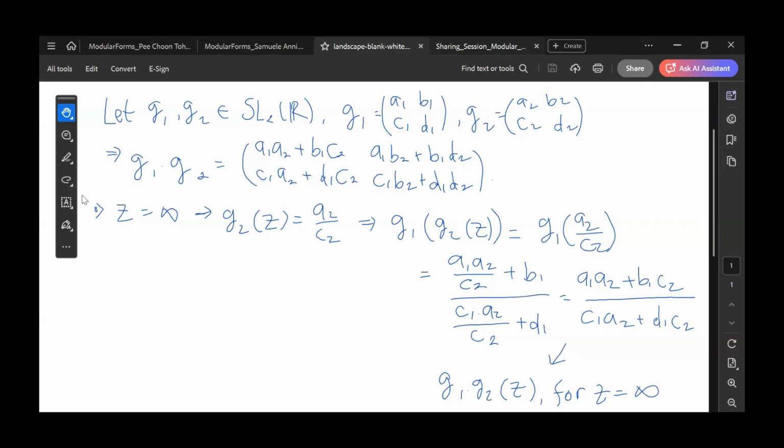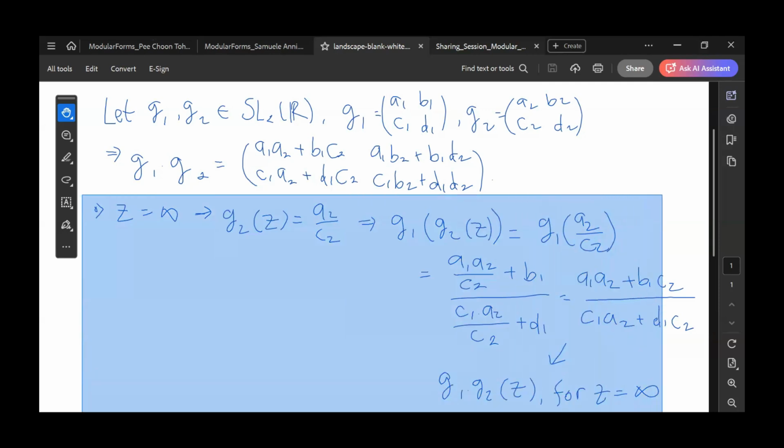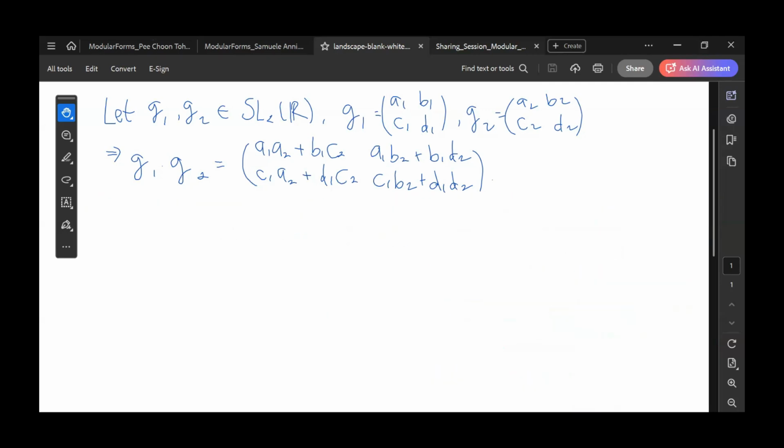Okay, now what happens if z is not infinity? If z is not infinity, we have that g2 z is (a2z plus b2) over (c2z plus d2).